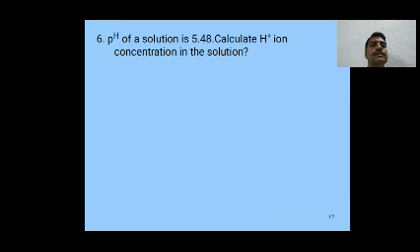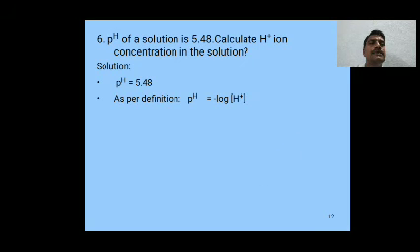The pH of a solution is 5.48. Calculate the H+ ion concentration in the solution. pH is equal to 5.48, as per pH is equal to minus log H+ ion concentration, or pH is equal to log 1 by H+ ion concentration.